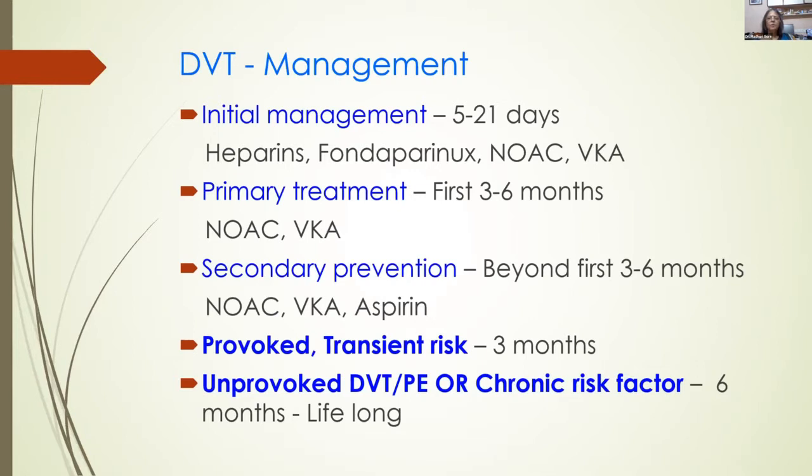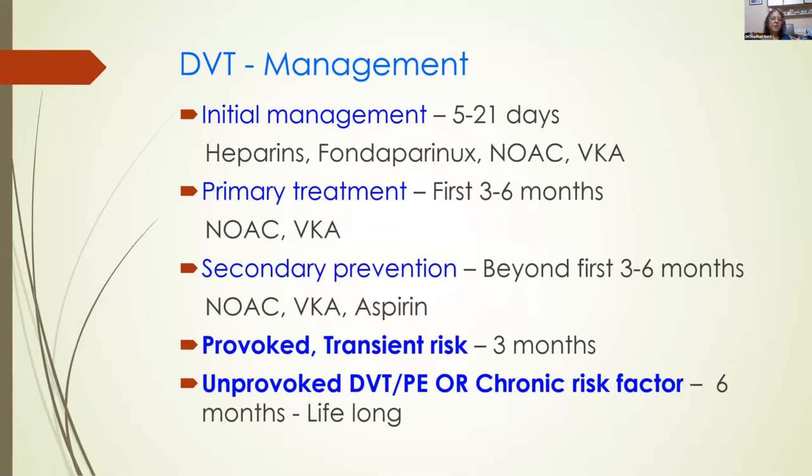What is the duration of treatment for these patients? When the patient has provoked DVT and there is a transient risk factor, such as long travel, surgery, or injury, in these cases the treatment duration should be 3 months.